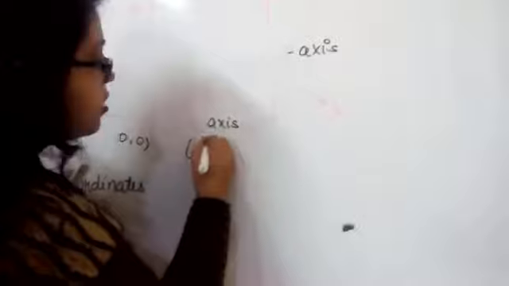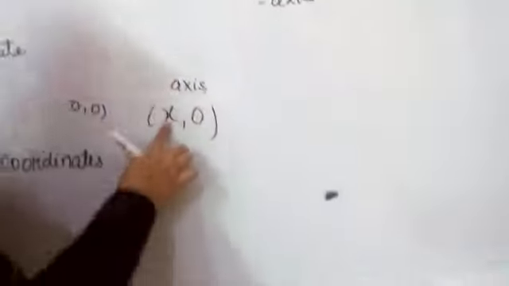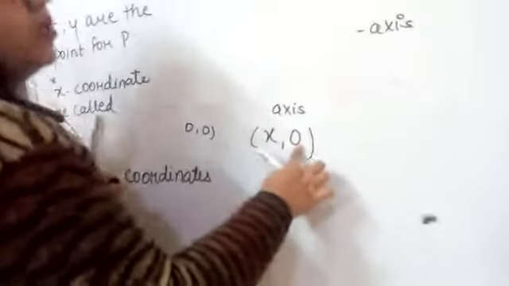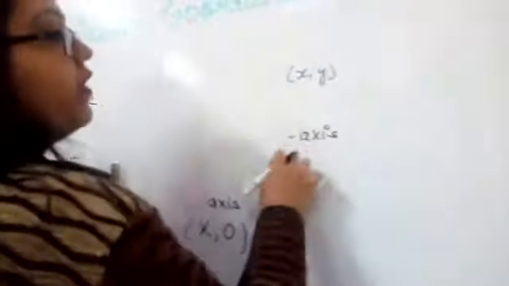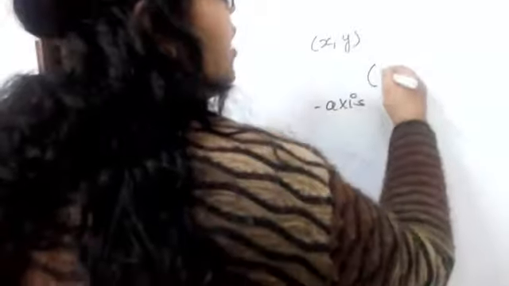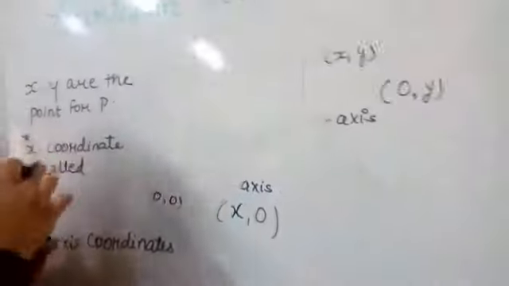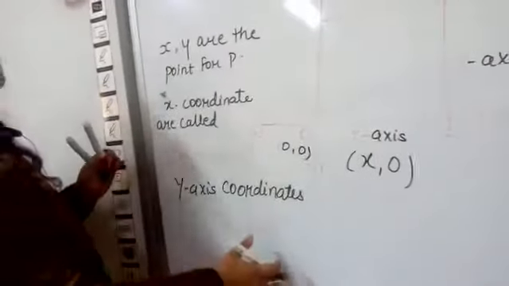Whenever we find a coordinate on the x-axis, only the x coordinate will have a value and the y coordinate will always be 0. And whenever we have to find a y-axis coordinate, x will be 0 and y can be any real number.